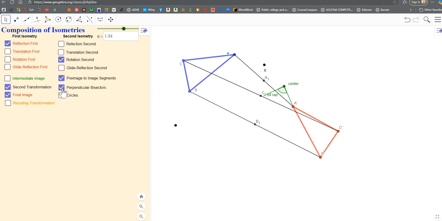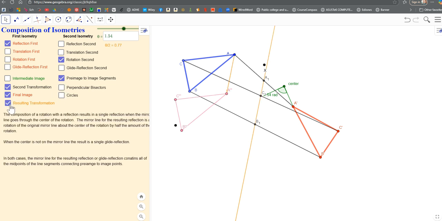In this case, these are in a line, but the original lines are not parallel. That's an indication that you have a glide reflection.